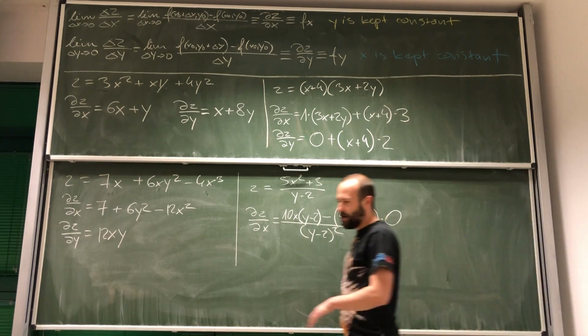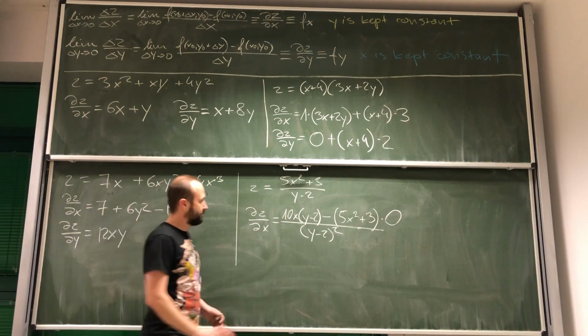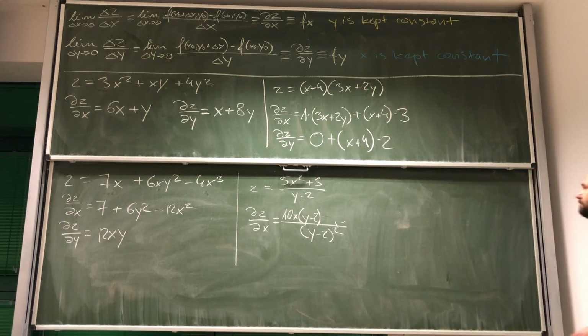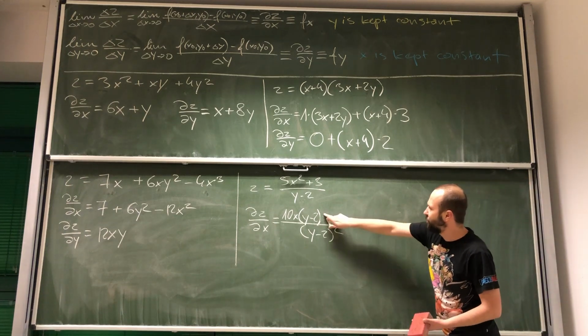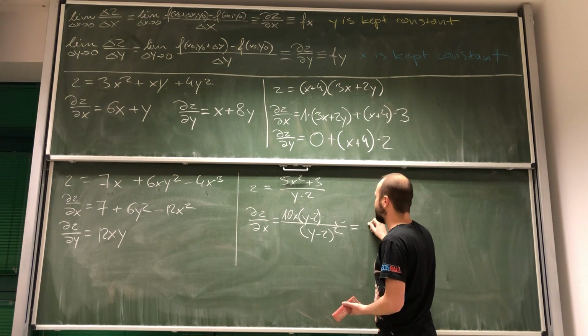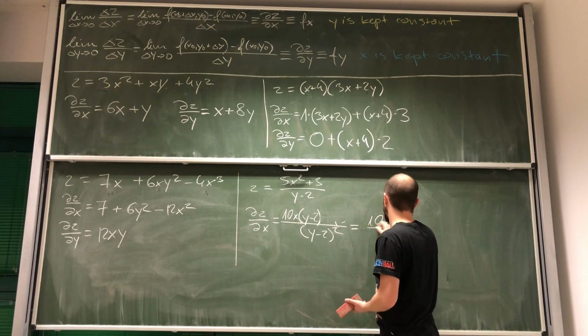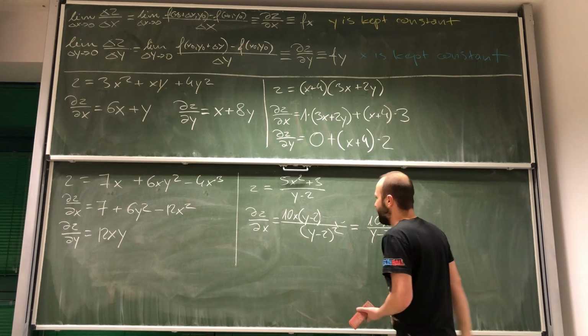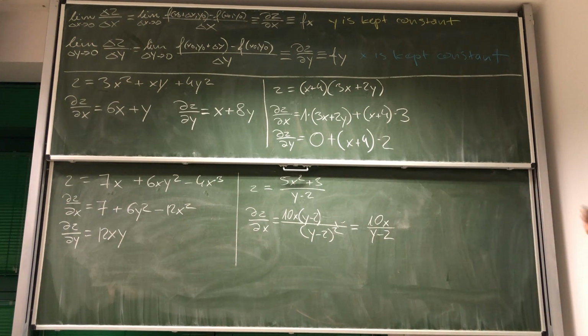So our outcome is simply that. But we see that those two cancel each other out. We get that this is 10x over y minus 2. And why am I doing this like that?